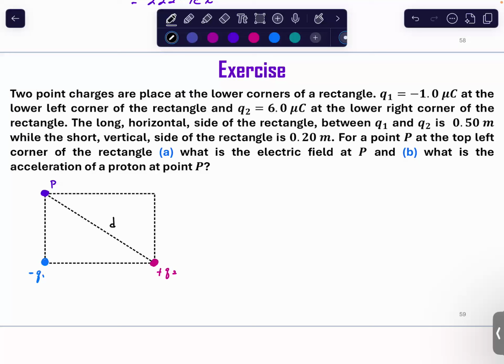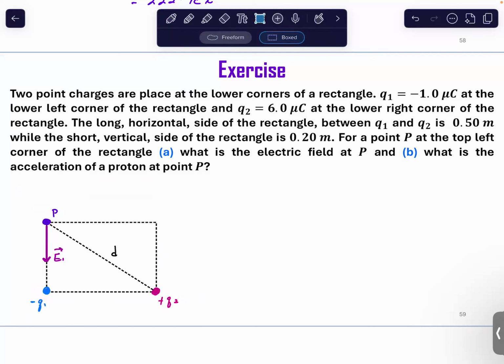All righty, so let's think about the way that our vectors are going to point. There's electric field 1, because it goes from point P towards the negative charge. And then Q2 is a positive charge, so E2 will point in that direction.